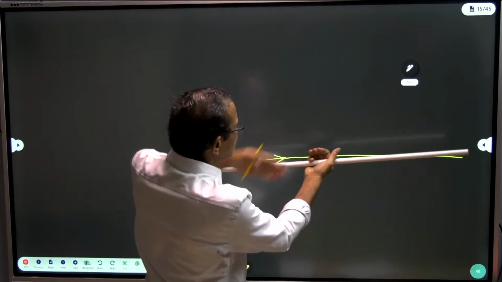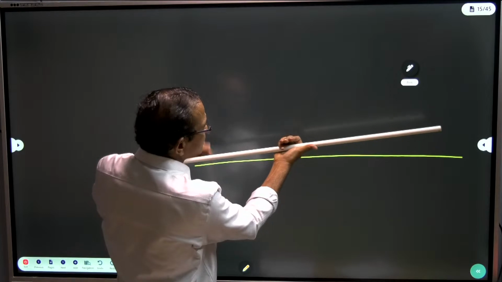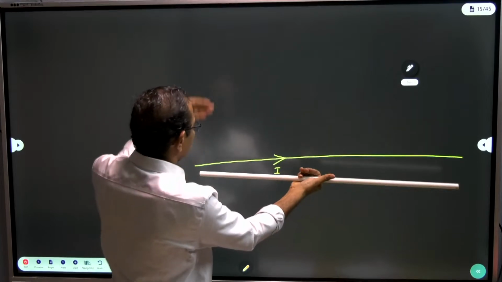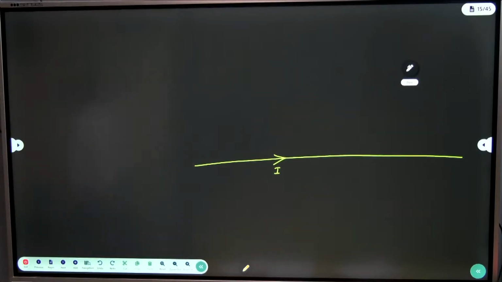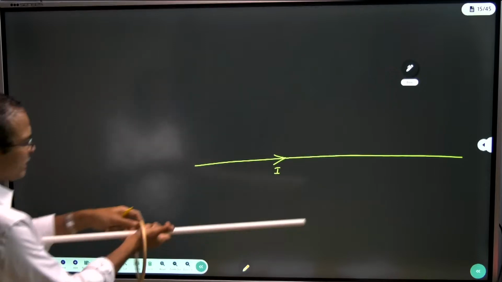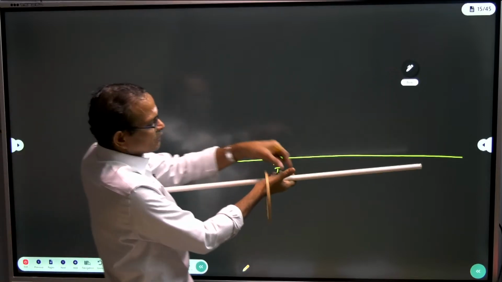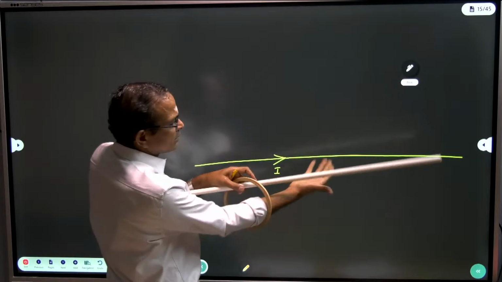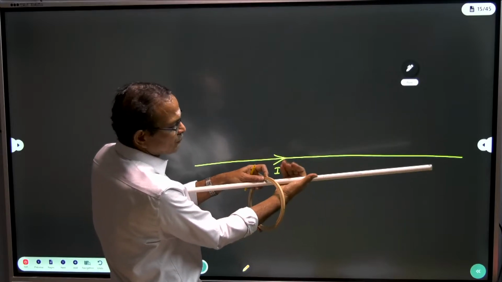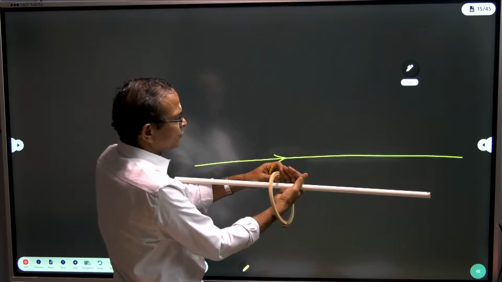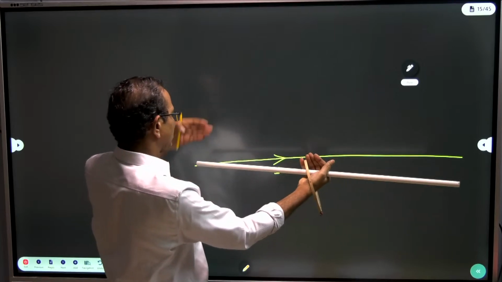Now the end circle of the fingers, look at my fingers, gives you magnetic field. I am holding the wire such that the thumb shows the direction of current. Then my fingers give you direction of magnetic field.